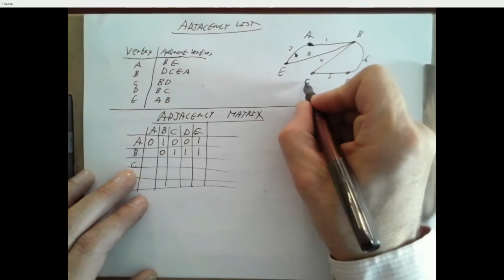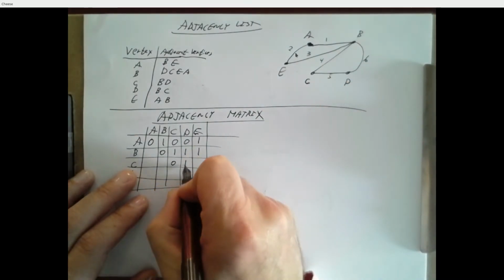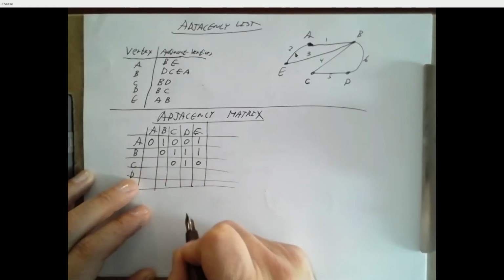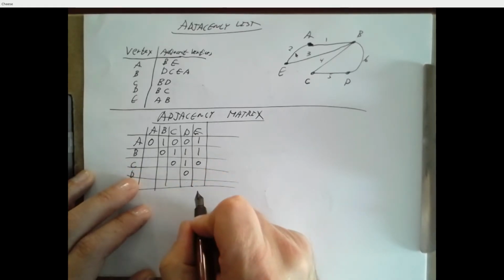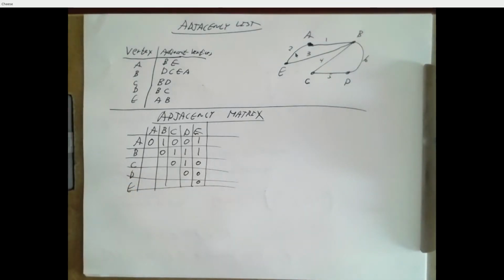So C doesn't connect to itself, connects to D, does not connect to E. D doesn't connect to itself, doesn't connect to E, and E doesn't connect to itself.